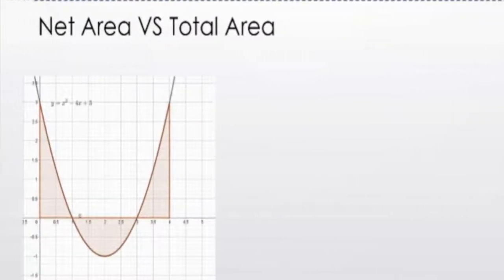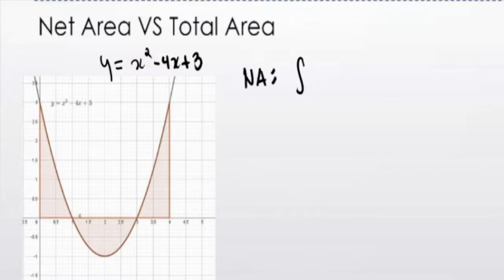Okay, last example for this one. Net area versus total area. So the function is given by, baka hindi masyadong kita, x squared minus 4x plus 3. So for the net area, we simply solve for the definite integral from 0 to 4 ng function natin, x squared minus 4x plus 3 dx.